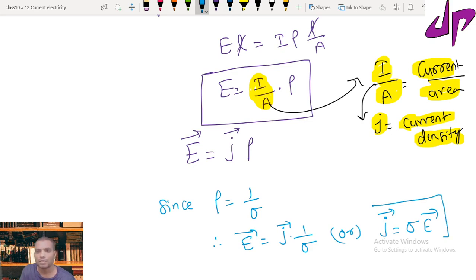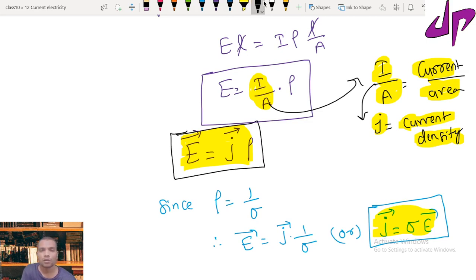Here sigma is nothing but conductivity. I will write all of these down, and these two formulas are very important. These two are the relations giving the vector form of Ohm's law.